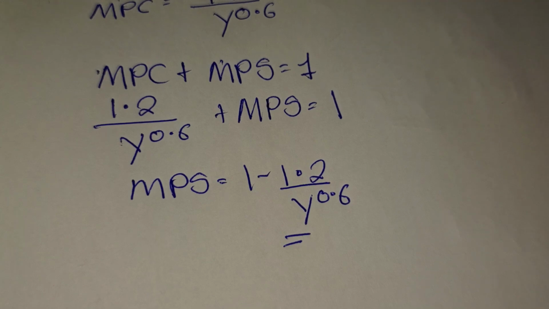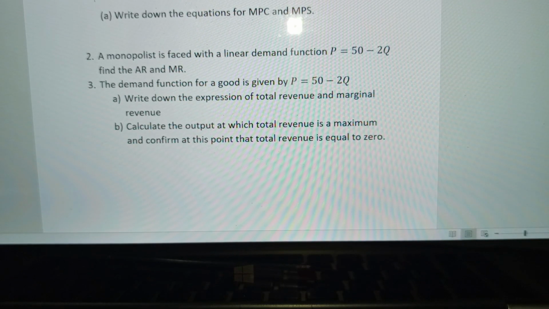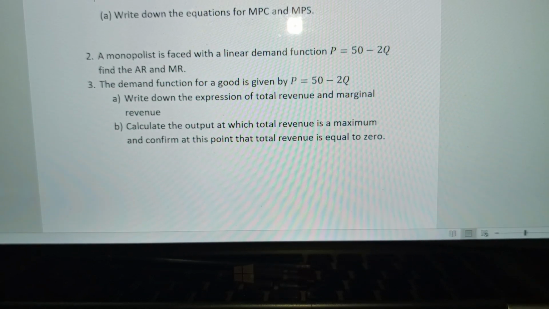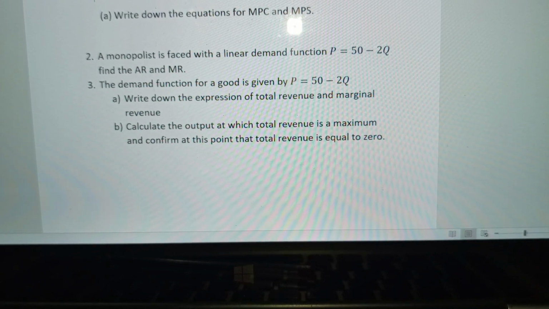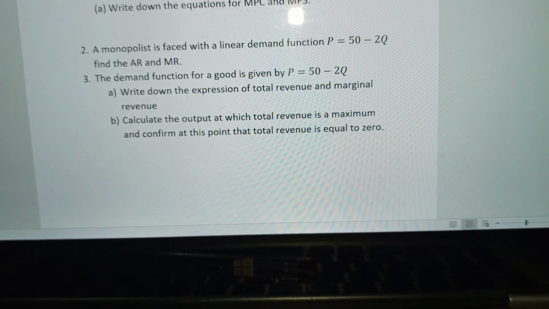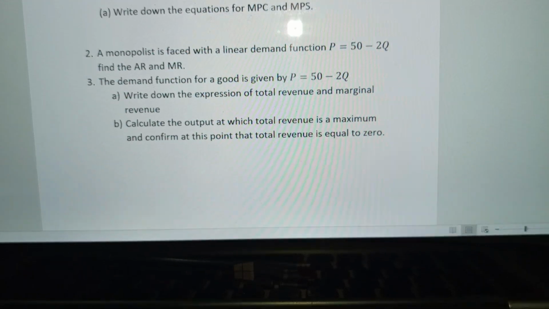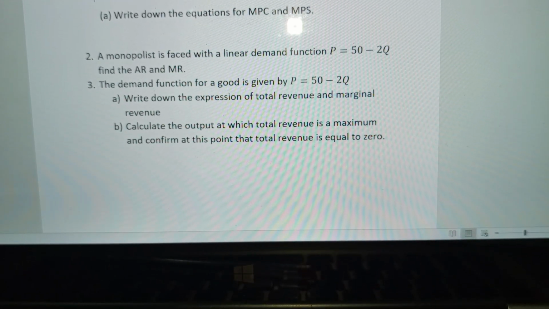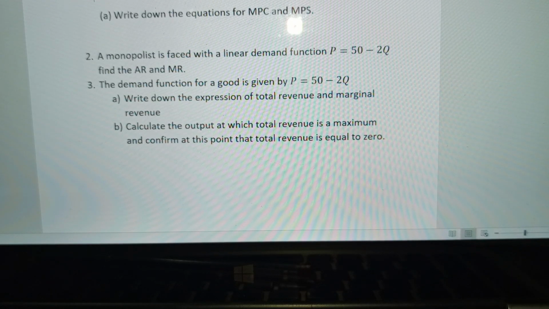Then the second question reads: a monopolist is faced with a linear demand function given by P is equal to 50 minus 2Q. We are told to find the average revenue together with the marginal revenue.